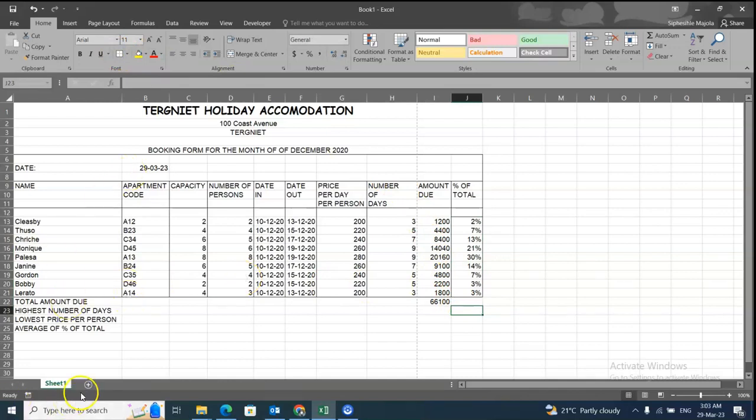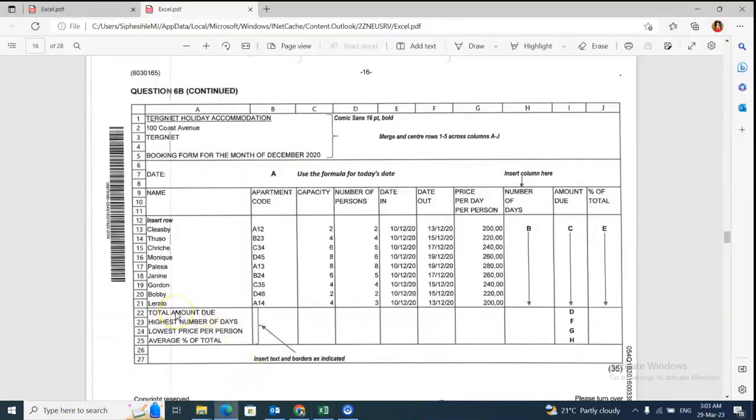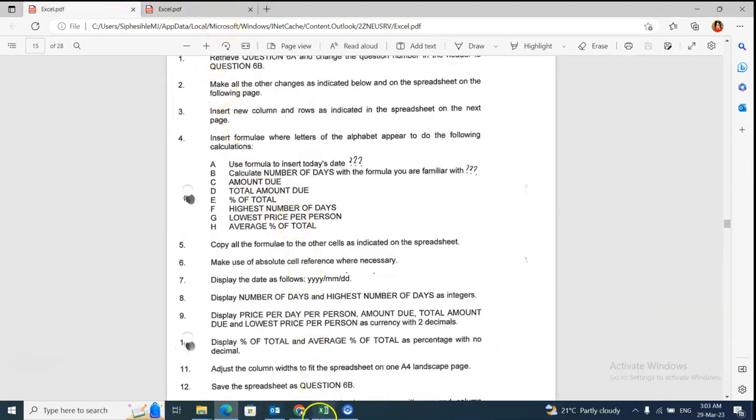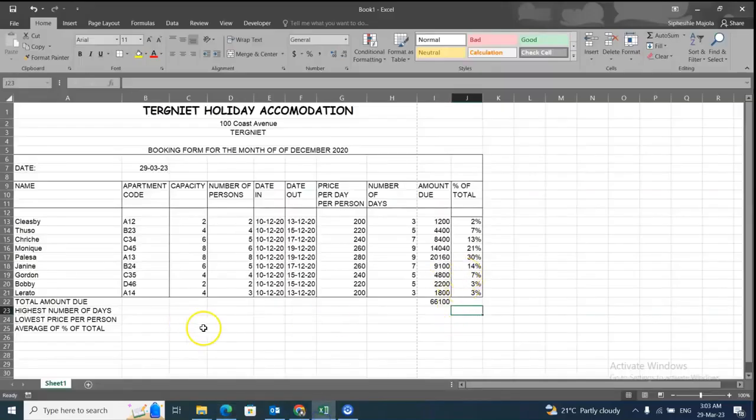Okay, so we've done a lot of things already. Now let's get going. They want us now to calculate the total amount due. We've done that. We are now doing F, highest number of days. So we are going to use that one.